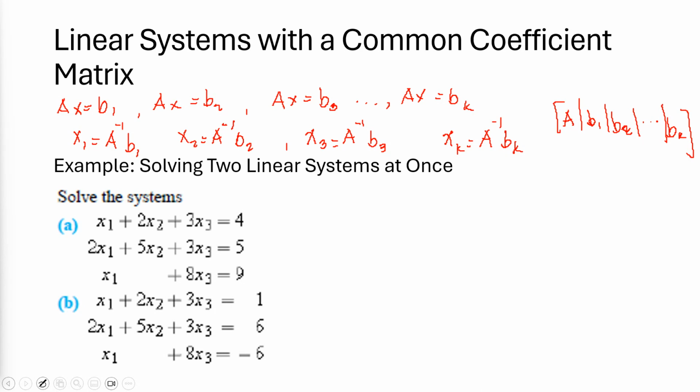In this way, we can solve all k systems at once. This method has the added advantage that it applies when matrix A is not invertible.